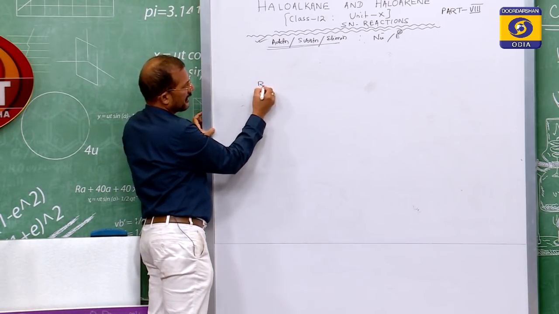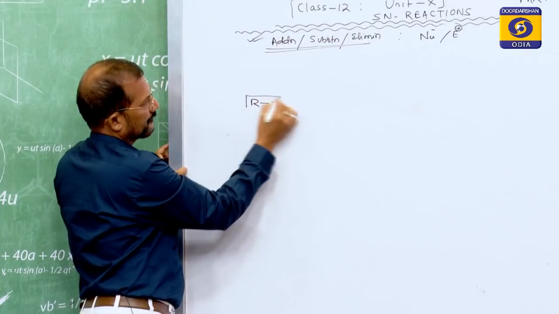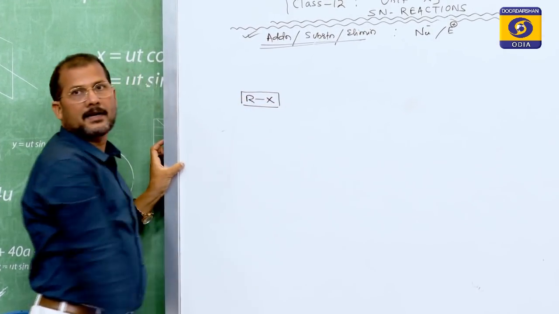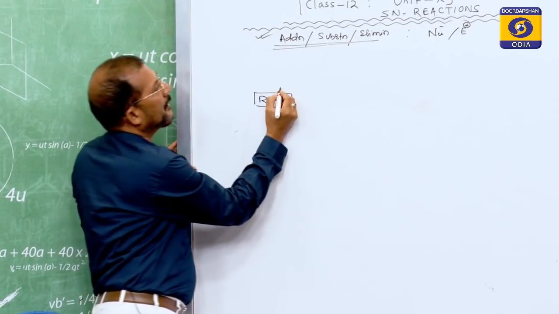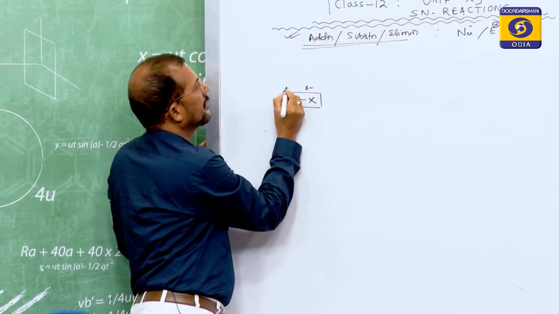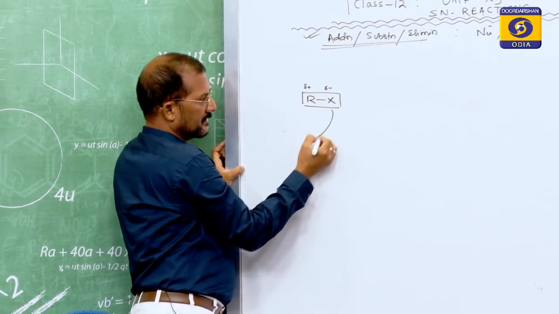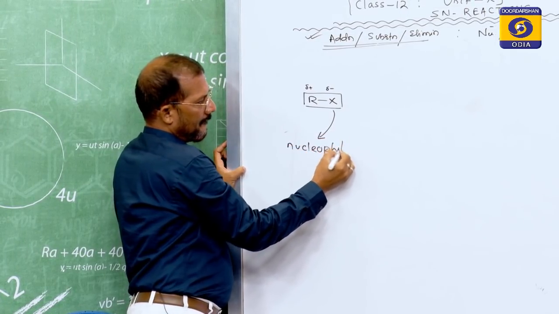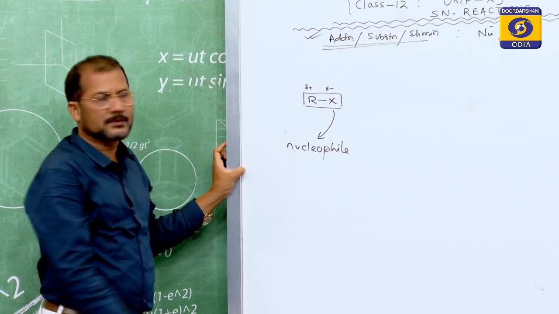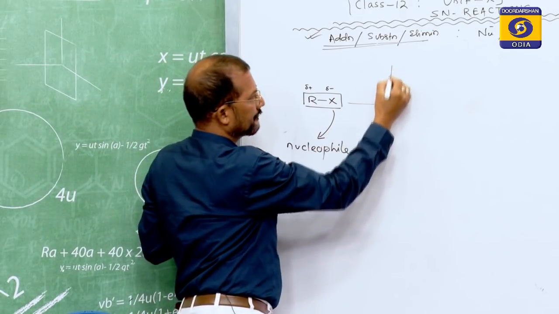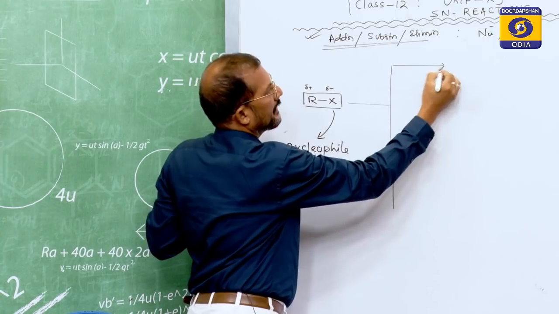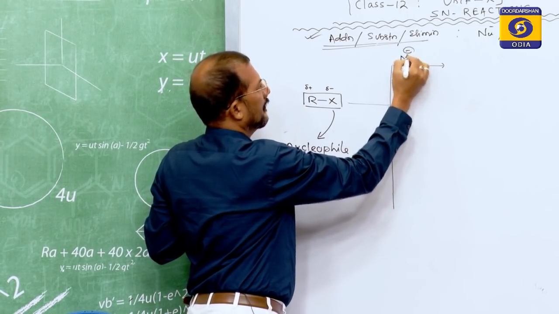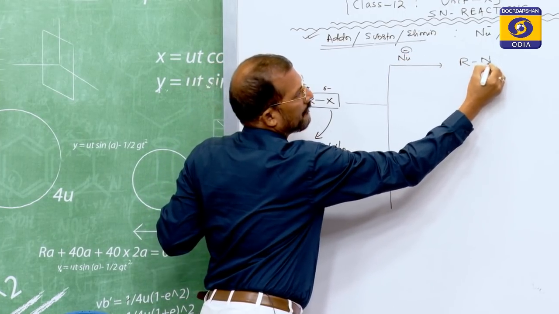Say suppose this is the alkyl halide. In an alkyl halide, we know this halogen part is negative and this alkyl part is positive, means this behaves as a nucleophile. This will be substituted by another nucleophile. Suppose I give a nucleophile, then what will happen? A nucleophile will be attached here.